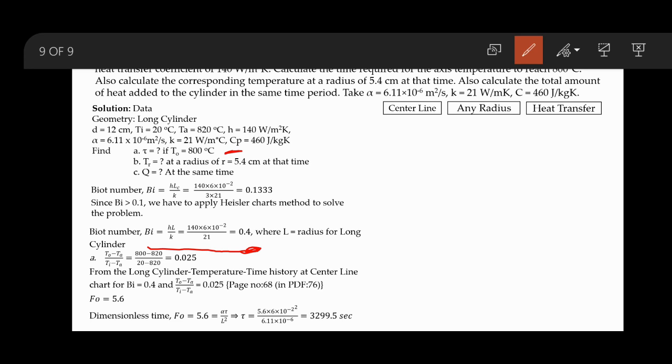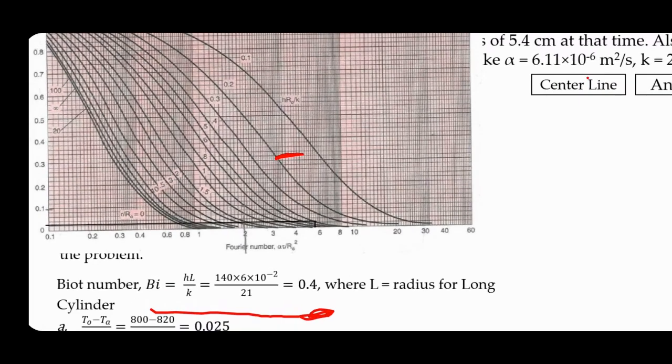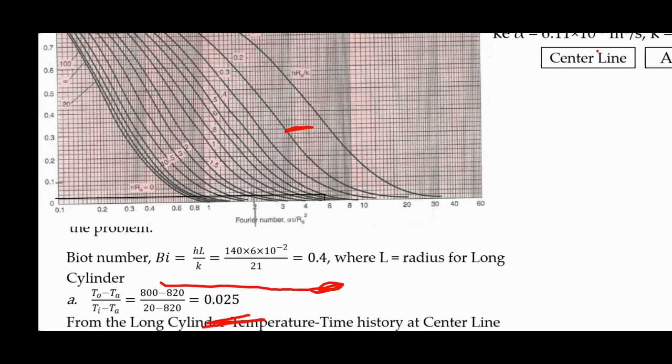So since I know the temperatures, I'll find the temperature ratio from the given temperatures, and then I'll go to the chart. Here the Biot number is 0.4 and the temperature ratio is 0.025.